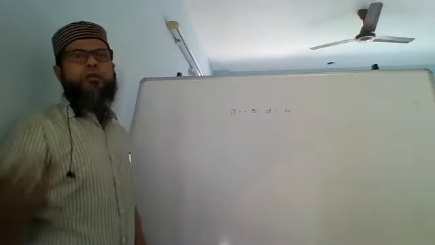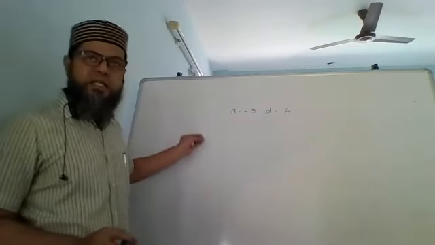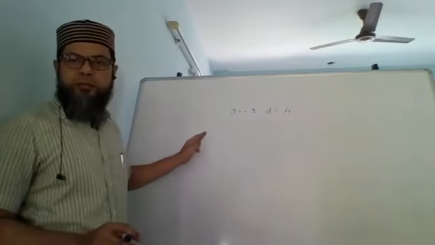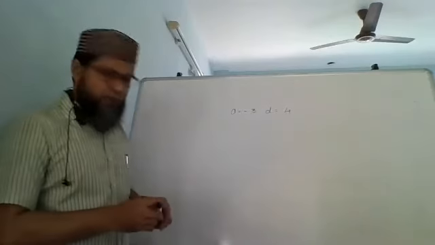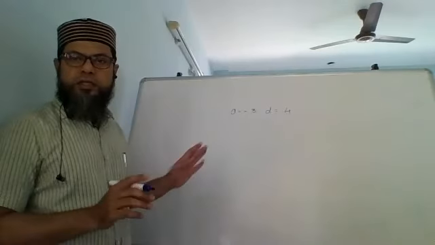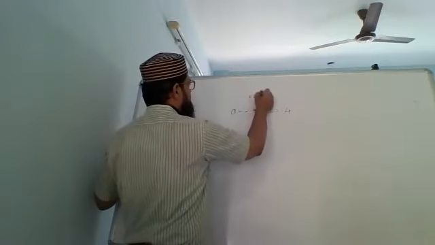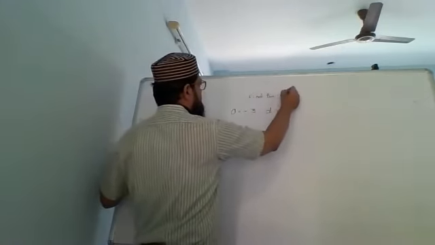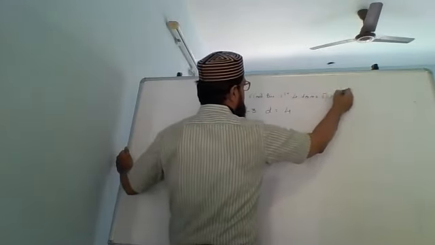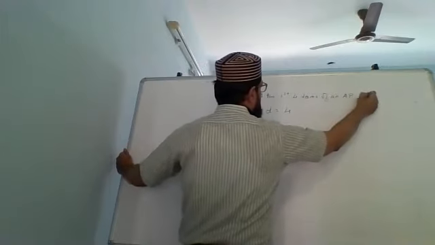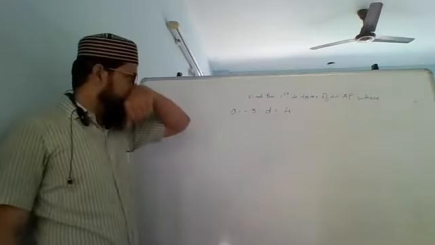Find 4 terms, 3 terms, whatever, of an AP. This is the easiest thing that they can ask you in the easiest chapter. Everything has been given to you. The food is there in front of you, you just have to eat it. So, find the first 4 terms of an AP where A equals minus 3, D equals 4.